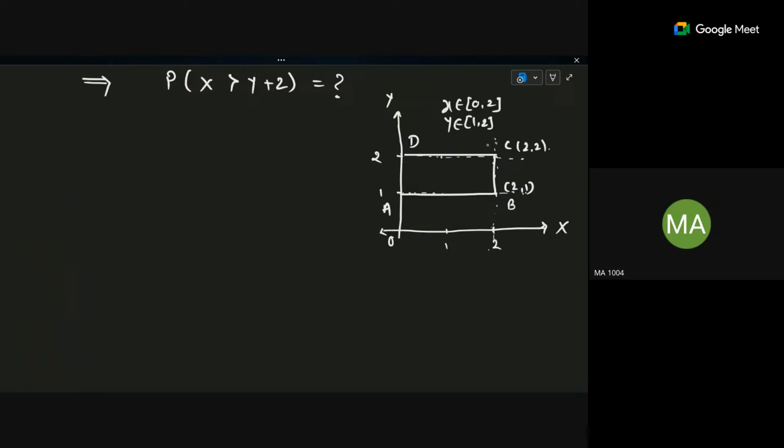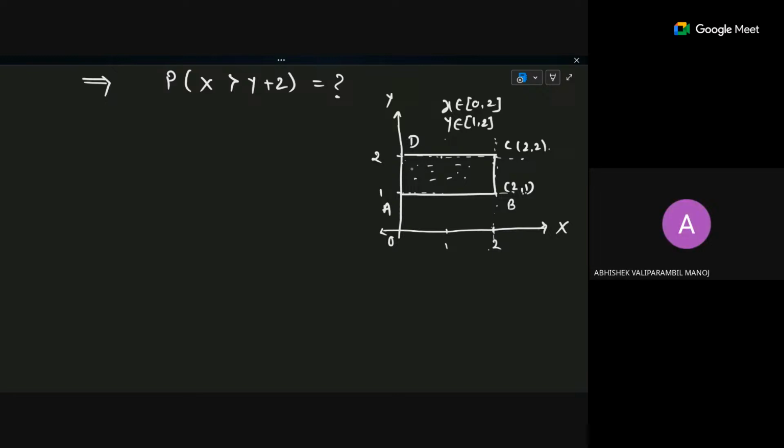Now you have to intersect the portion where x should lie between 0 to 2 and y should lie between 1 to 2. If I take any point inside ABCD, it will be a point where x is lying between 0 to 2 and y is in between 1 to 2. In that way, we decide that this region is our required region.